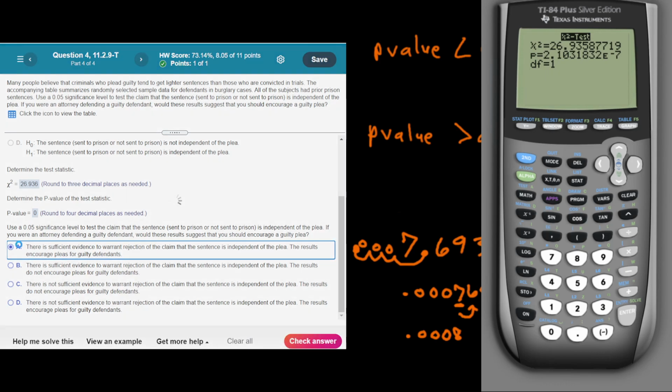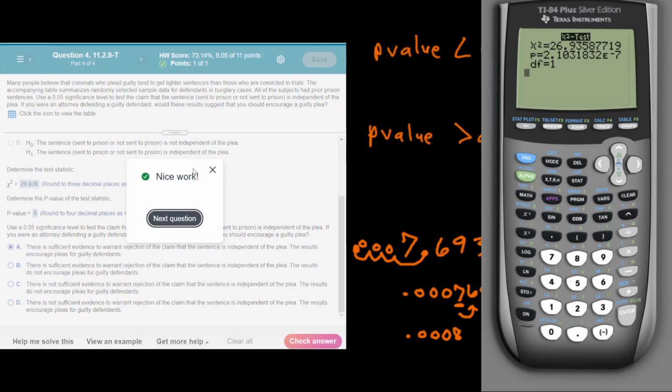Let's just see. Yeah, it's that one. We just found out that they made the distinction that depending on if they are guilty, they're going to take the plea. Like they're relying on each other.